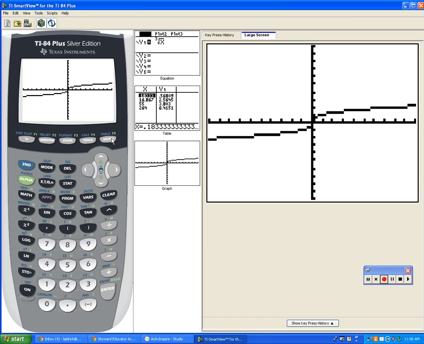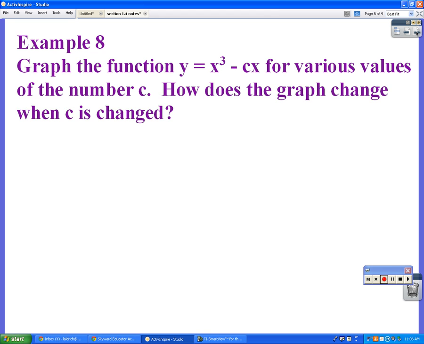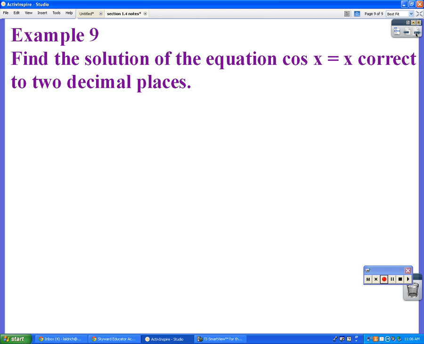All right, now let's do one last one, and that is using these to solve the equation. Let's solve the equation cosine of x equals x, okay? If it says exact answer, then we can't do this on the calculator. Then we have to do the whole triangle thing.